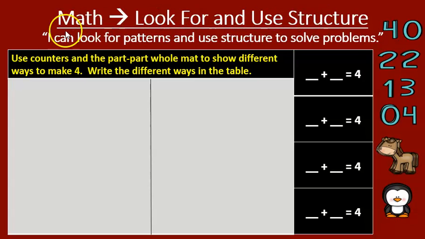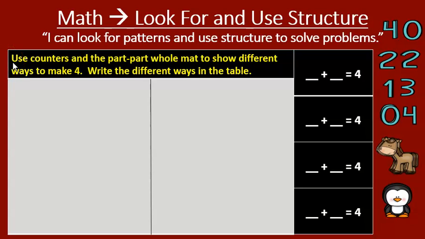Now, let's look here at our I can statement. Let's read it together. Here we go. I can look for patterns and use structure to solve problems. Okay, that is our I can statement. Now, let's come down here to this yellow, okay?